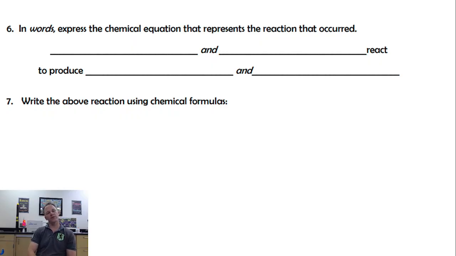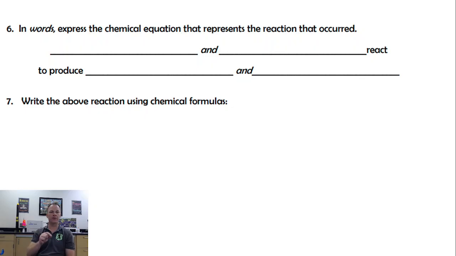All right, in words, express the chemical equation that represents the reaction that occurred. So we haven't talked about chemical equations yet, but you've seen math equations where you write 2 + 2 = 4. It's a quick way of writing down math problems. And in chemistry, we do the same thing. We have a quick way of writing down chemical reactions.